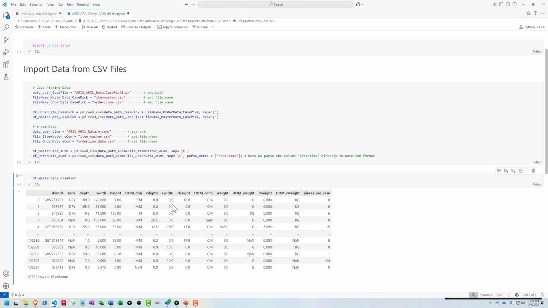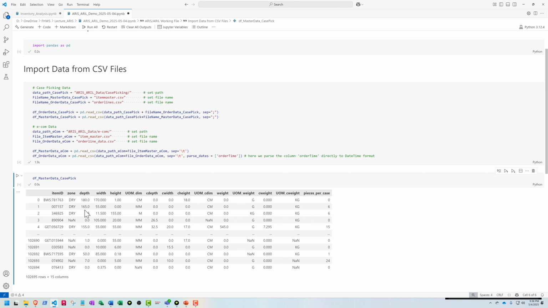Importantly, we also have a column that provides the unit of measurement dimensions. So here you can see the first product, 180 in depth, 170 in width, 1 in height. Now, this is provided in centimeters.